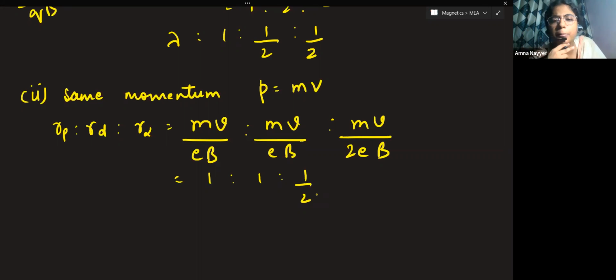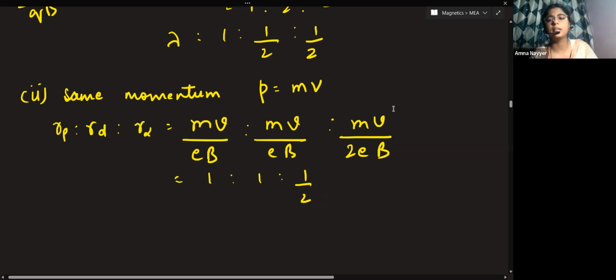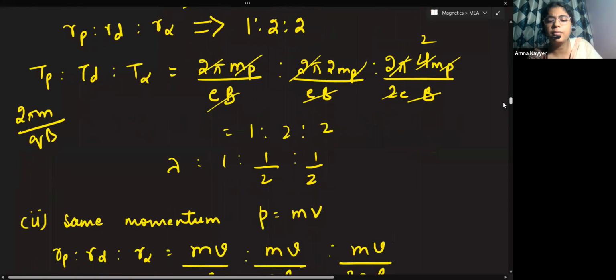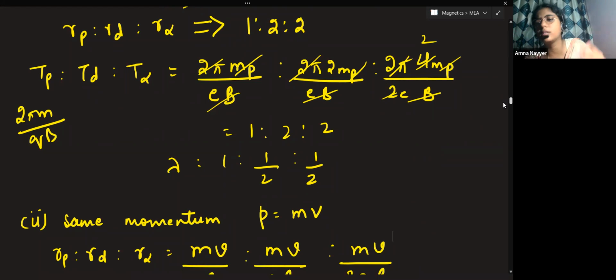Similarly, put this in time period. For time period, what will we get? Time period is 2 pi m. What was the same here? Momentum was the same. So multiply and divide by velocity. Because velocity is not given in the formula, you can do one thing directly from the formula.